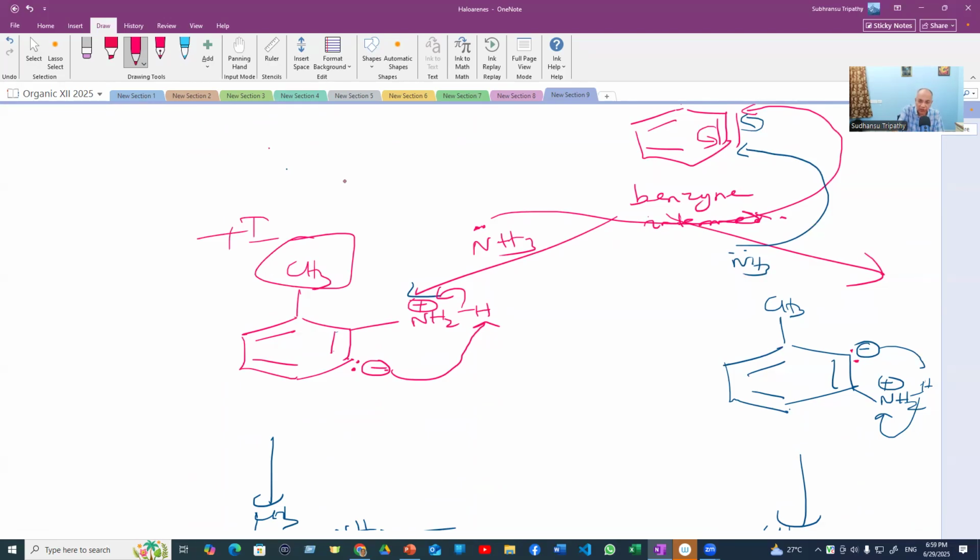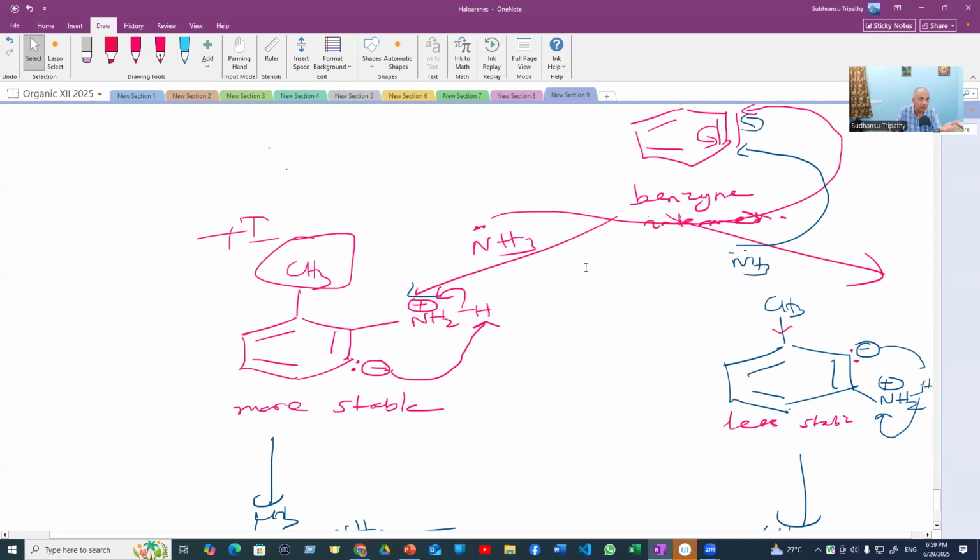So this carbanion is more unstable compared to this one, because it is closer to a plus I group, which, instead of delocalizing, will localize the negative charge and make it unstable. So the farther the negative charge from a plus I group, the more stable it is relatively. This is more stable; comparatively, this is less stable. Here you have to explain through the plus I effect.